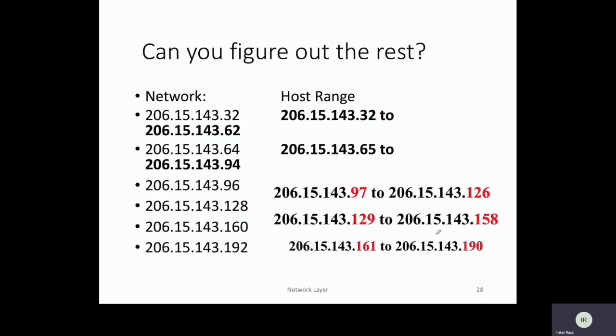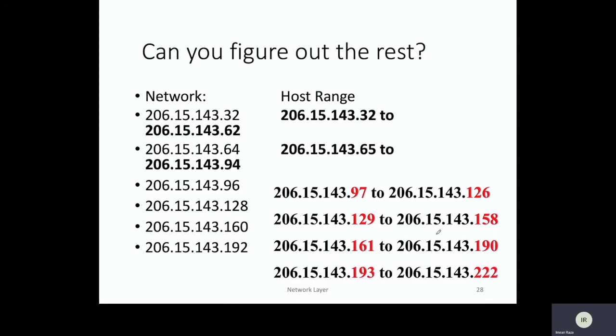So this is the range of the nodes in other subnets also, right? This is how in 3 steps we can implement subnetting. I'm talking about fixed length subnet mask at the moment. Number 1 is to calculate the subnet mask. Very straightforward, it depends on how many bits we have borrowed.